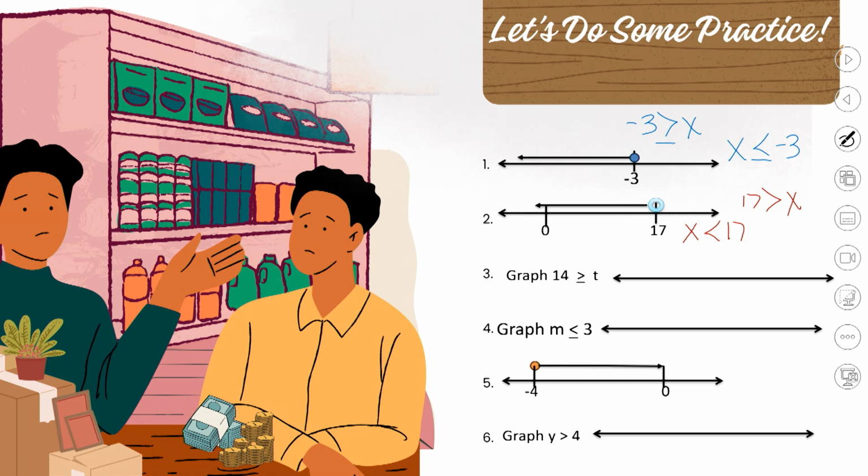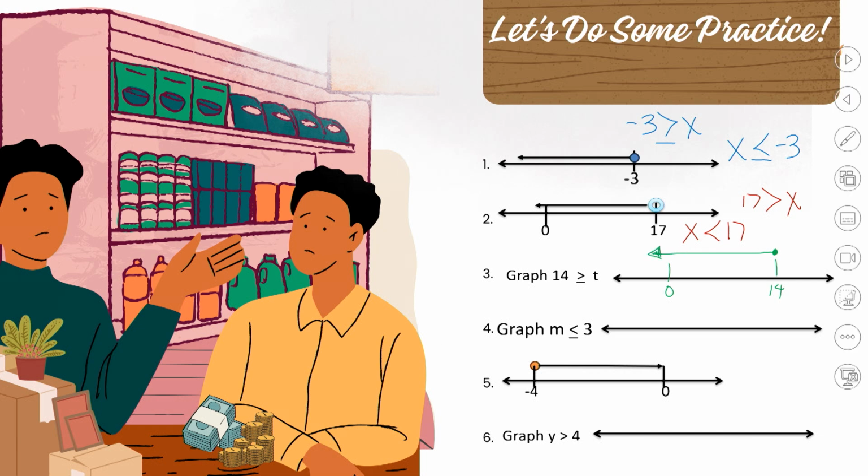Let's do it in green. So I'm going to show my 0 and I'm going to show my 14. I have greater than or equal to, so I know it's going to be a closed circle. And it says that my unknowns are smaller than that 14, so I'm going to graph to the left.